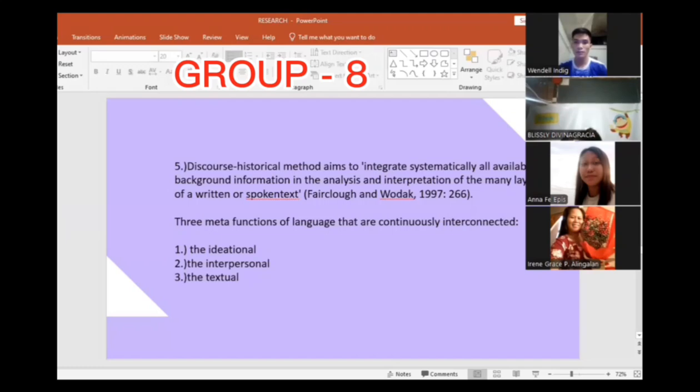Halliday and Wodak in 1997 and 2006 described three meta functions of language that are continuously interconnected. First is the ideational, second the interpersonal, third the textual.